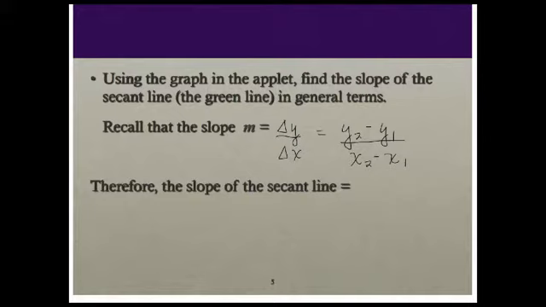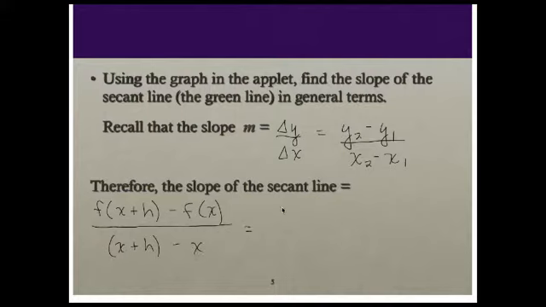So we know in the numerator we need to subtract the y values. So if we start with the y value for that point B, minus the y value for the point A, and then we need to subtract their x coordinates.